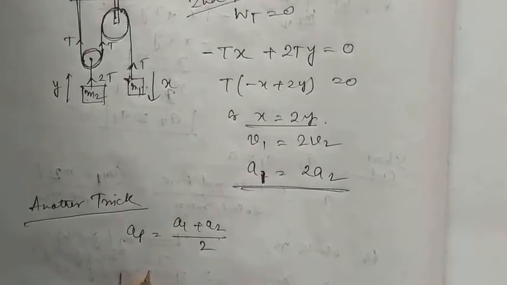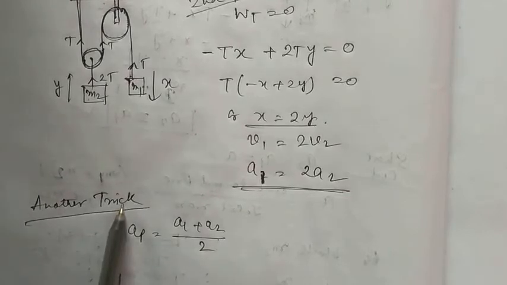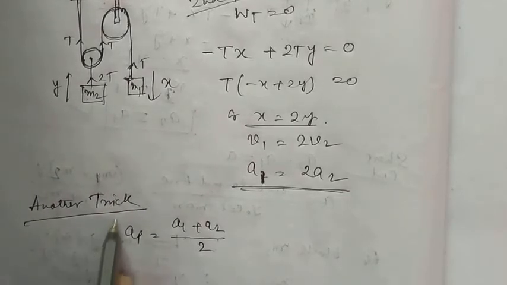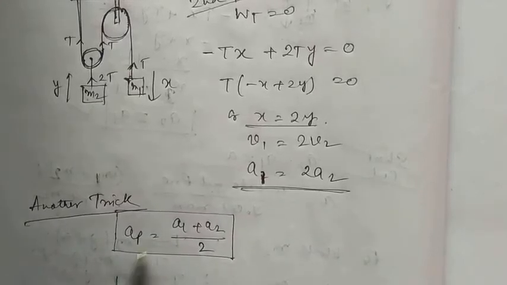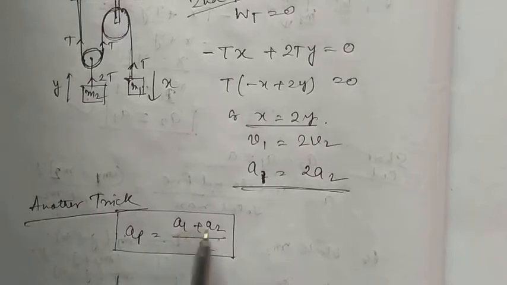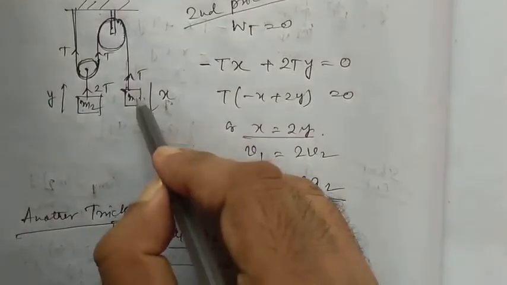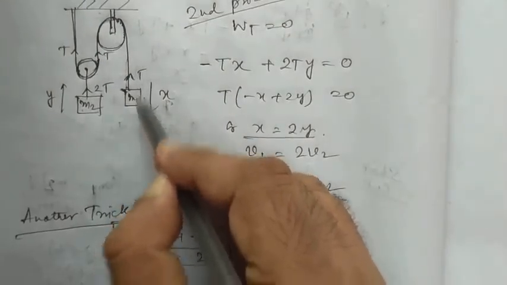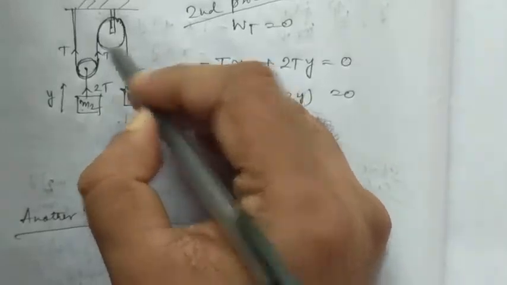Now for this case, we can use another trick. We can use this formula, which means the acceleration of the pulley is equal to a1 plus a2 by 2 for the two bodies. Now if this block moves down with an acceleration a, that means this rope is also moving down with an acceleration a.